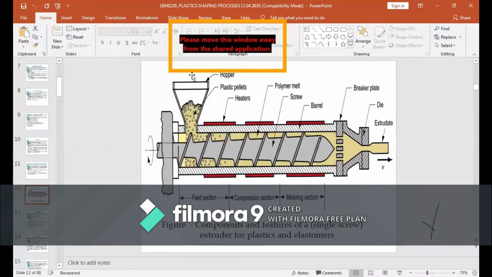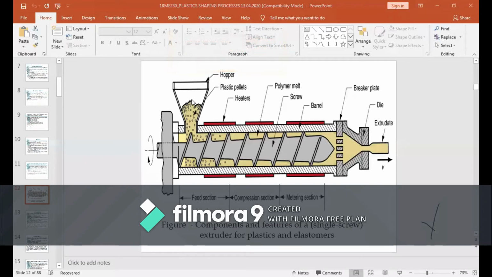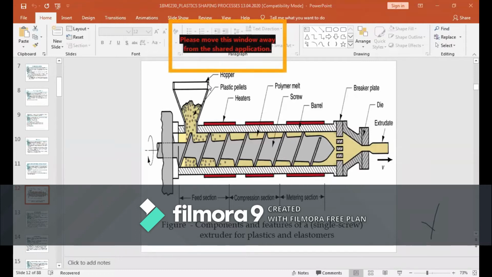Here only I'm going to put your raw material, that is the polymer in the form of a pellet or in the form of a powder. Here I'm going to put the plastic pellet from the hopper.